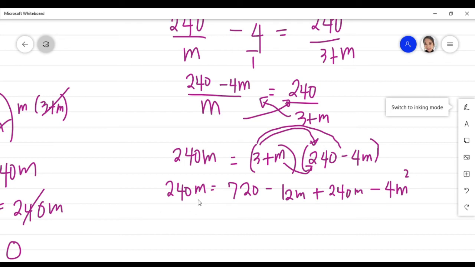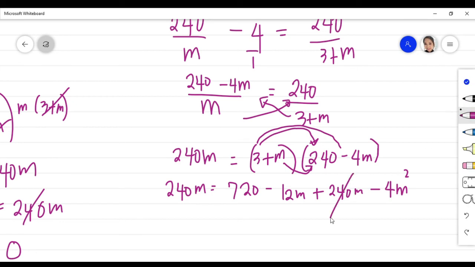So if we transfer 240m here, it becomes negative 240m, and that would be subtraction, and the result would be 0. So we could directly cancel 240m. So we are left with 0 equals 720 minus 12m minus 4m squared.